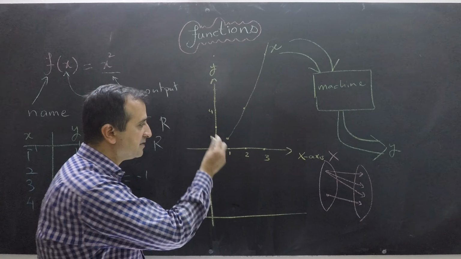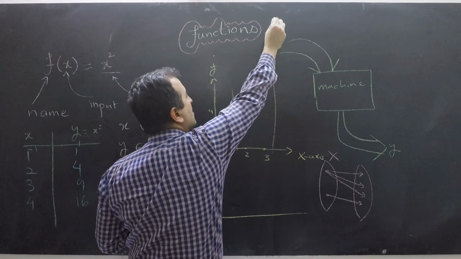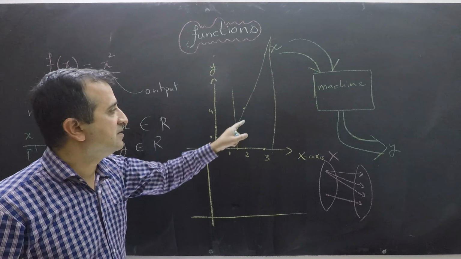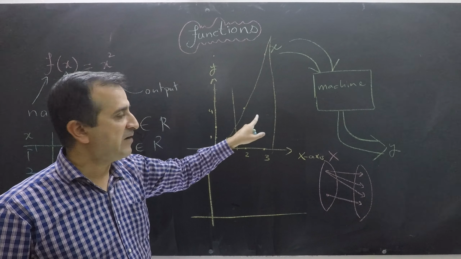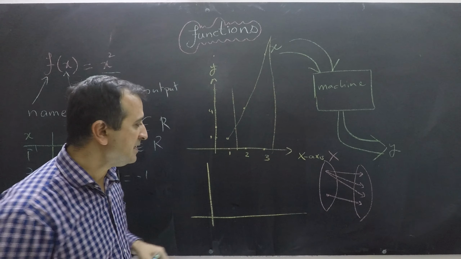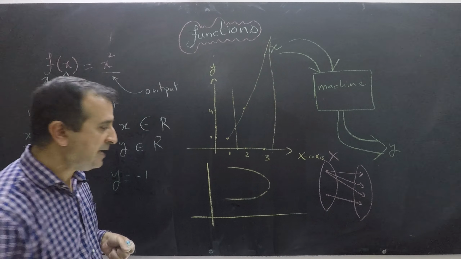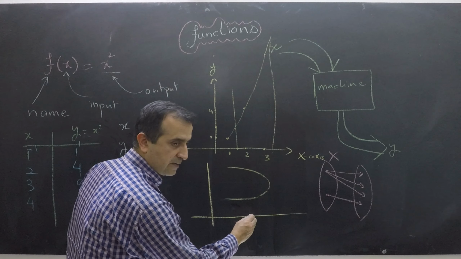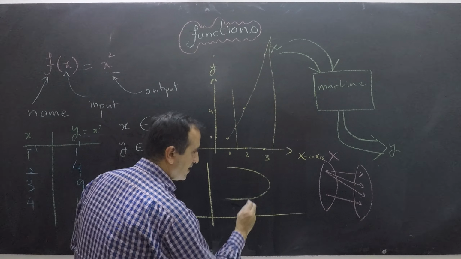So in this case, if I make a line here or here, this line will always intersect our graph at only a single point. So this graph represents a valid function. But let's say I have a graph like this, right? And then I make a vertical line here. A vertical line is a line which is parallel to the y-axis.